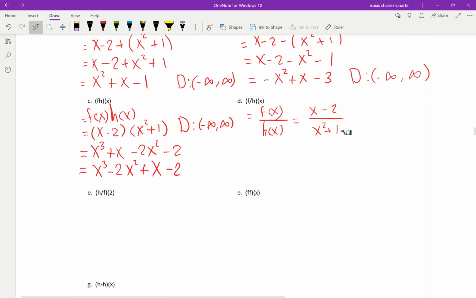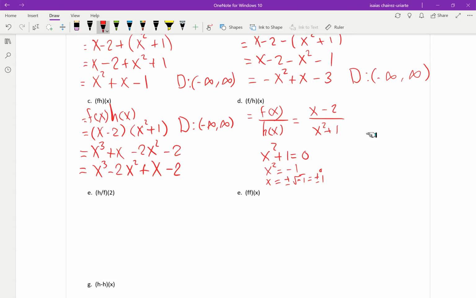What values of x make this denominator 0? One way to find out is to set the denominator equal to 0. If we were to solve this equation, we would end up with x squared equals negative 1, and then if we take the square root, we would have plus or minus square root of negative 1, which maybe you've heard about, maybe you haven't, but that's called a complex number.